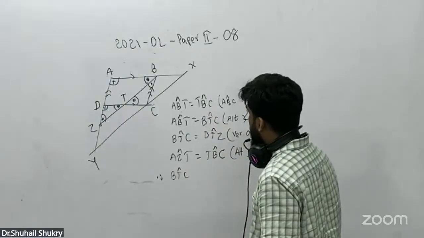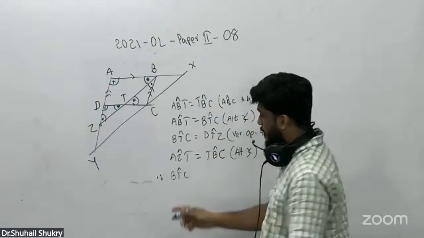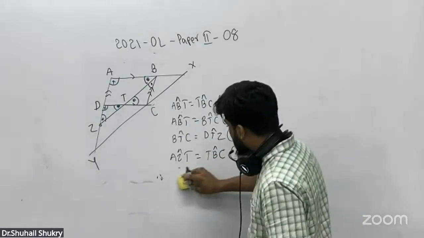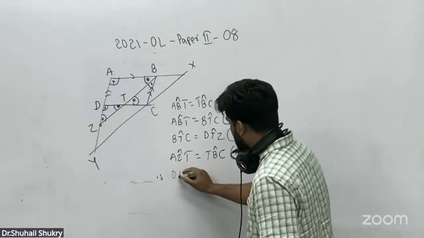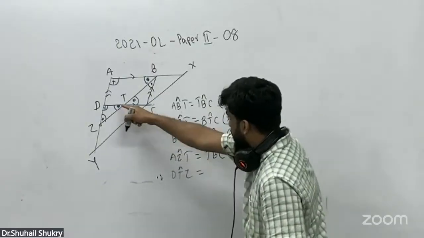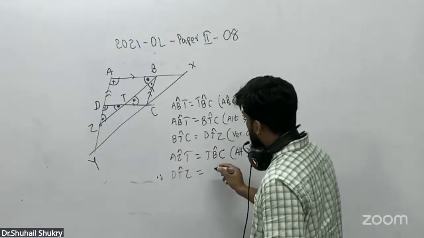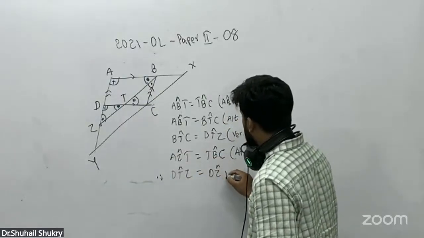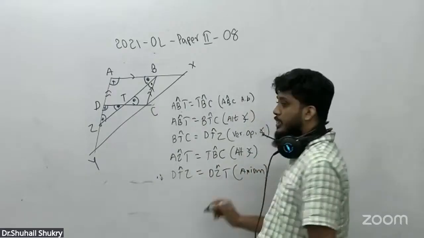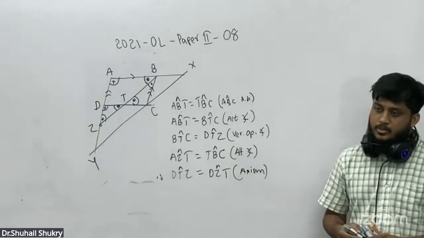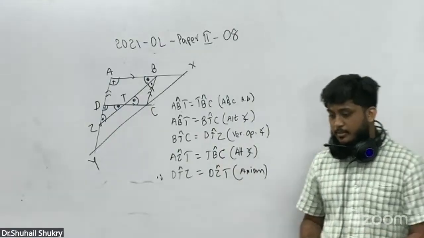BTC is equal to, so BTC's name is DTZ. So finally you just write DTZ is equal to DZT, reason, axiom. This is equal to that, therefore this is equal to that. Finally, you can write it as axiom.